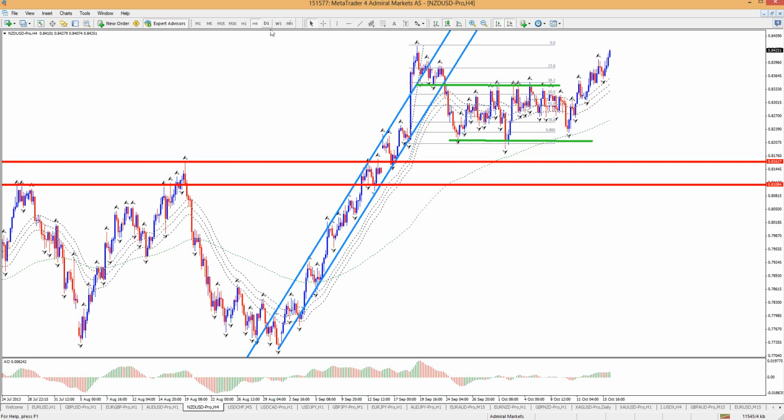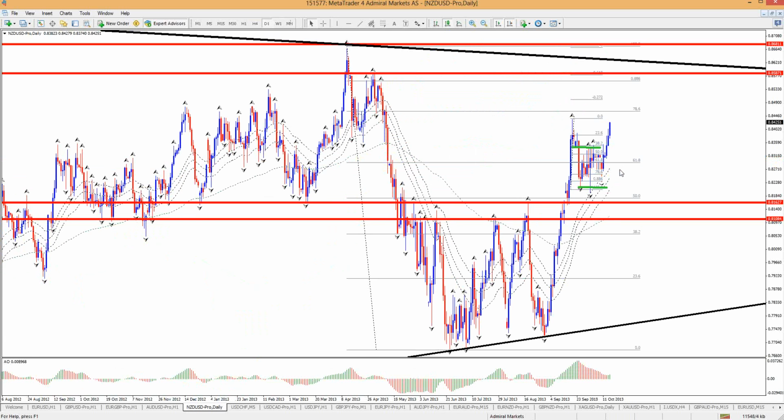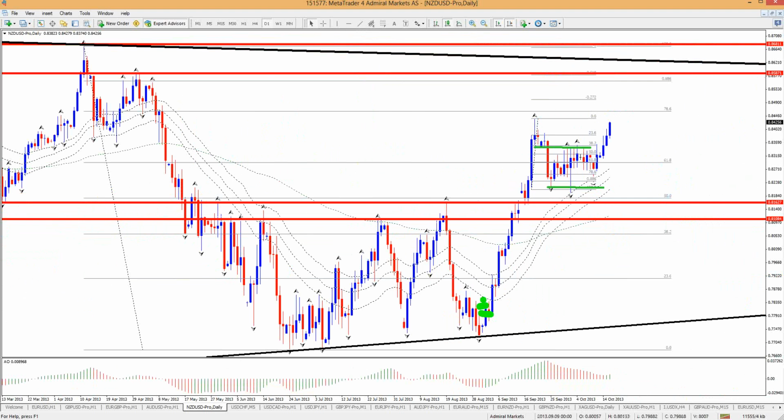Let me take a look again. Let's start with the daily chart. Well, there's a tremendous impulse here. I mean, that's without any doubt. Just look at every high. Every high gets broken here. Tremendous upside.